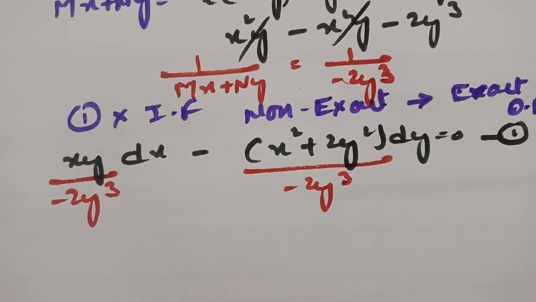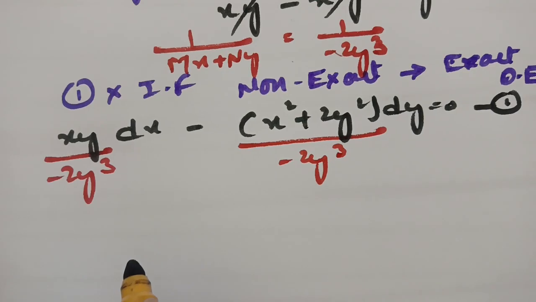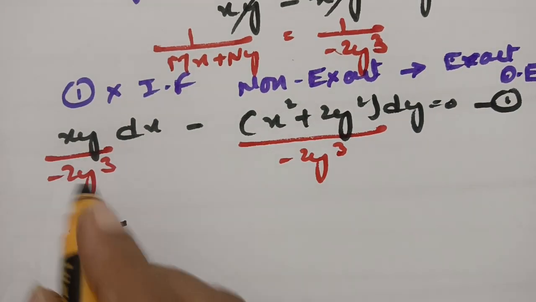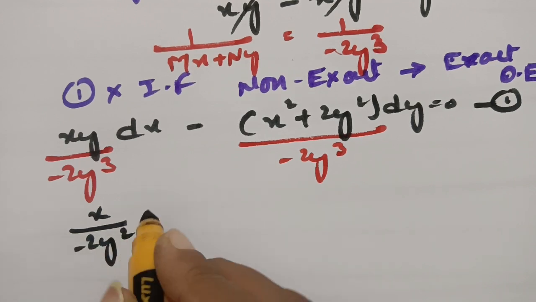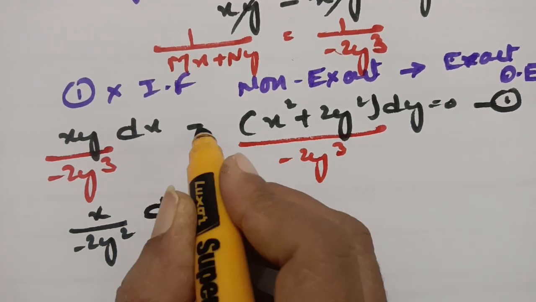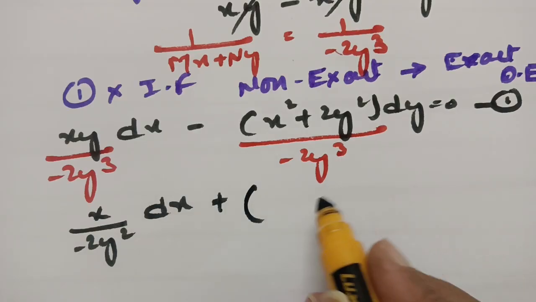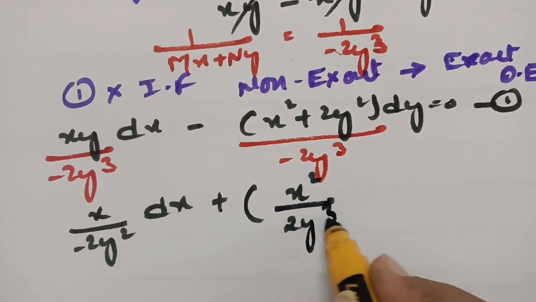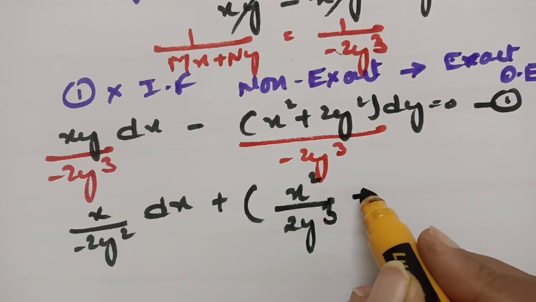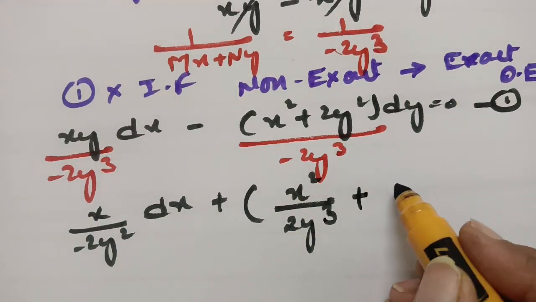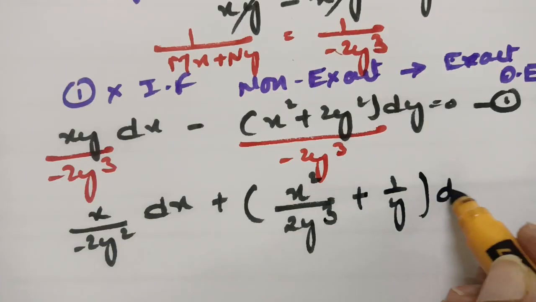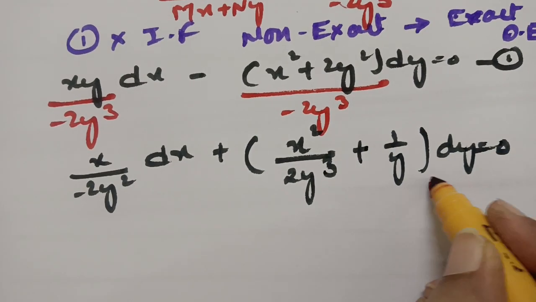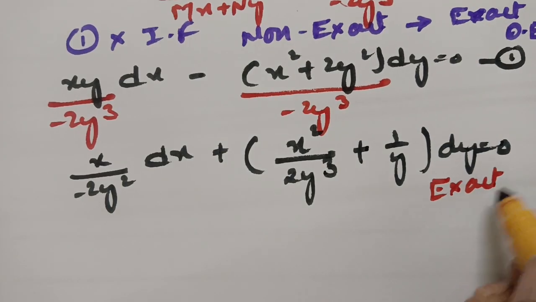If I cancel and simplify, this is going to become x by minus 2y square into dx, minus into minus plus, so each and every term: this value is x square, this value is 2y cube, and this value is plus 2 got cancelled. This is 1 by y dy is equal to 0, and this is an exact differential equation.